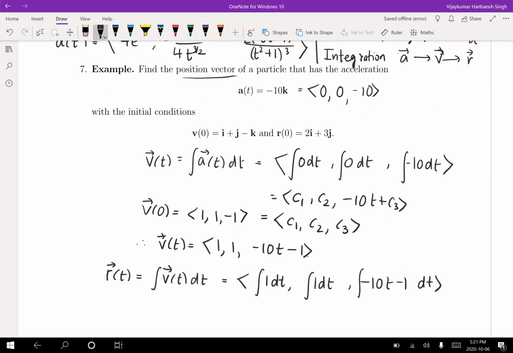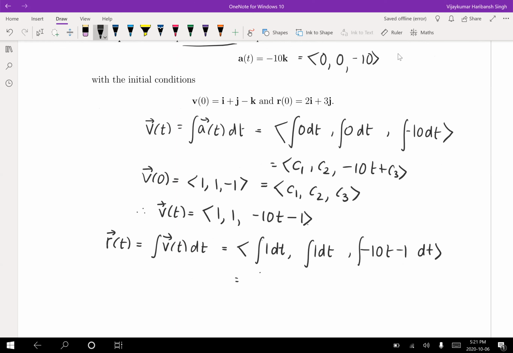And when you integrate component-wise, you'll get another constant. In this case I'll use alpha 1, alpha 2, minus 10 t squared by 2 minus t plus alpha 3.